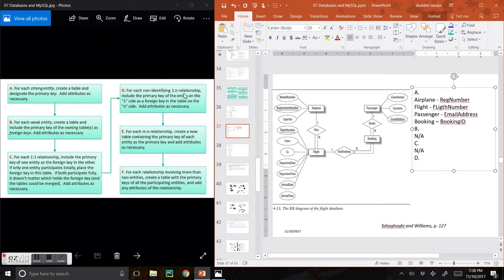Step D says, for each non-identifying 1-to-n relationship, do all this. Now remind yourself about identifying and non-identifying relationships. Identifying relationships are denoted or represented by double diamonds. So since there are no double diamonds, that means all of these 3 relationships happen to be non-identifying.